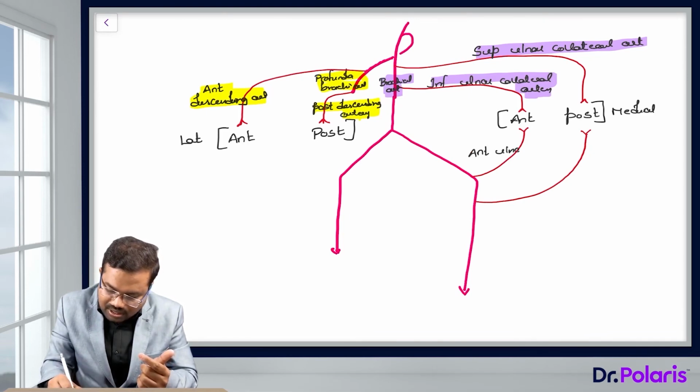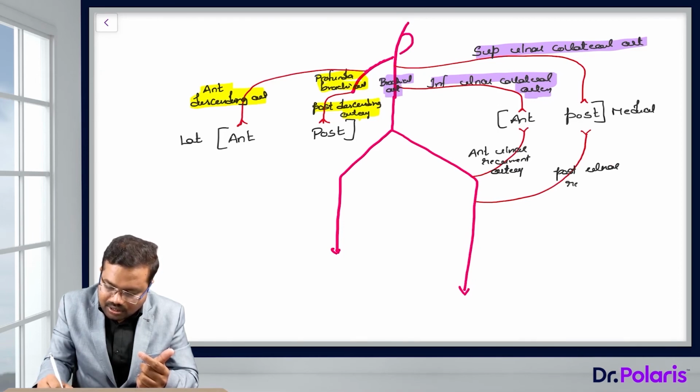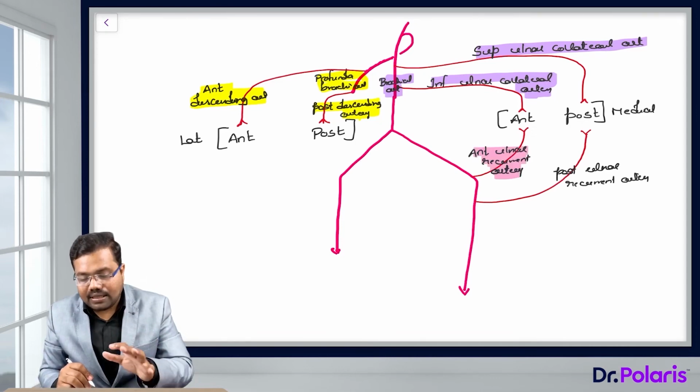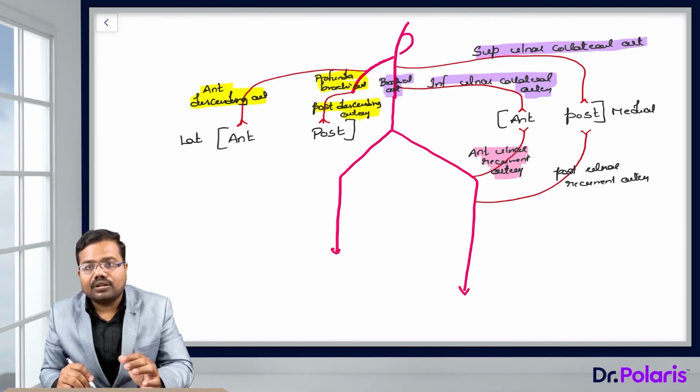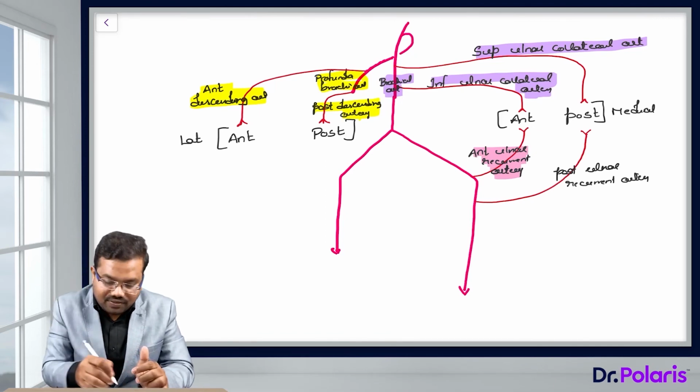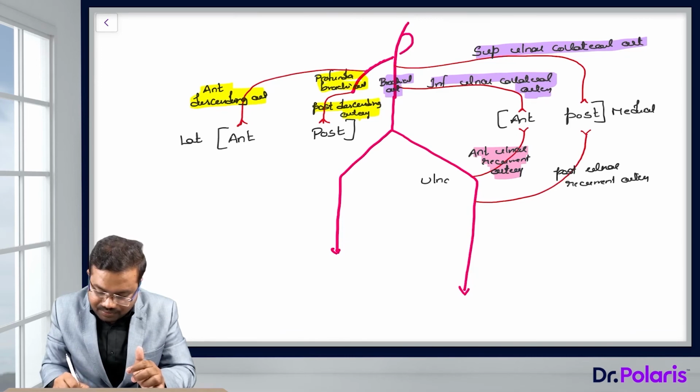Anterior ulnar recurrent artery, posterior ulnar recurrent artery. So simply to say, on the anterior part, on the medial side of the elbow joint, the inferior ulnar collateral artery anastomoses with the anterior ulnar recurrent artery, which is a further branch of the ulnar artery.